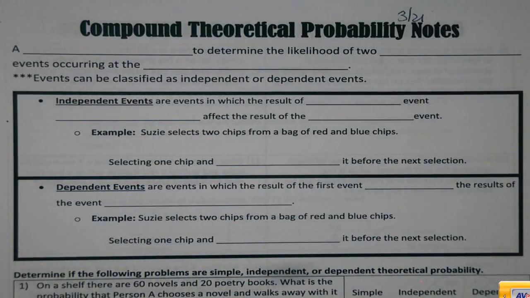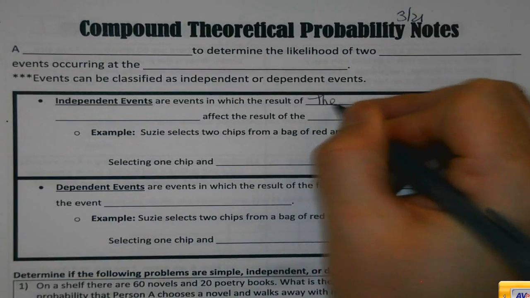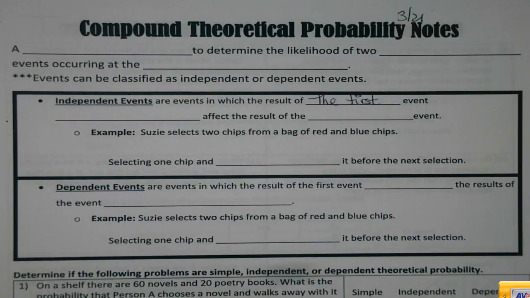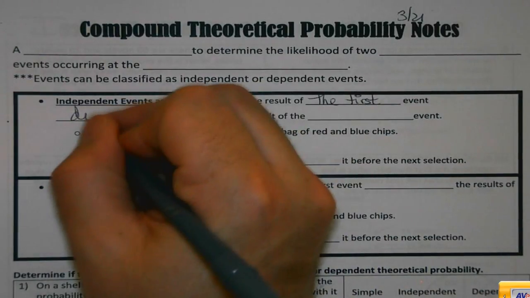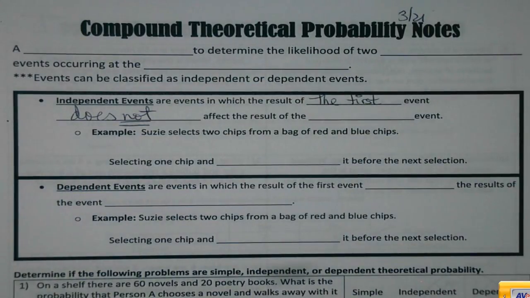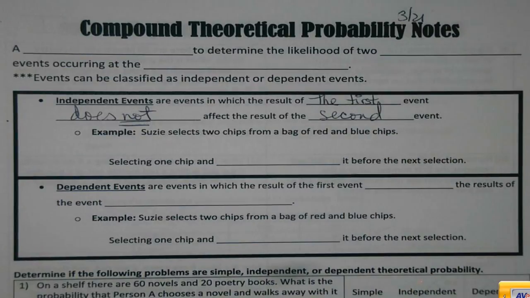Alrighty. So independent events are events which the result of the first event does not affect the result of the second event.